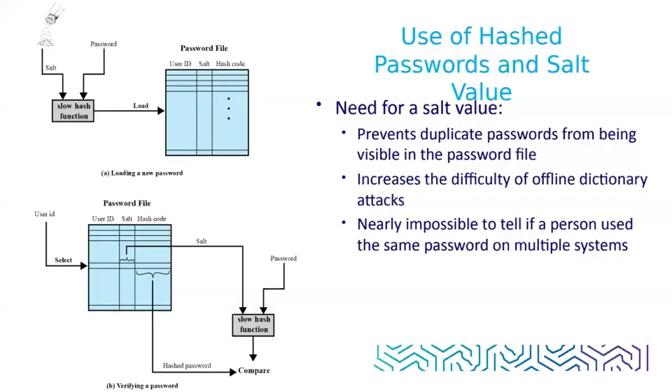For systems containing sensitive information, these measures can also be complemented by multi-factor authentication to provide an additional layer of protection. Now, let us learn how to use hash passwords and salt values.